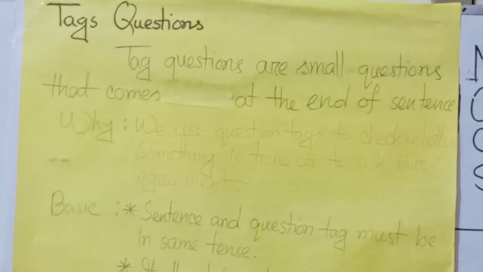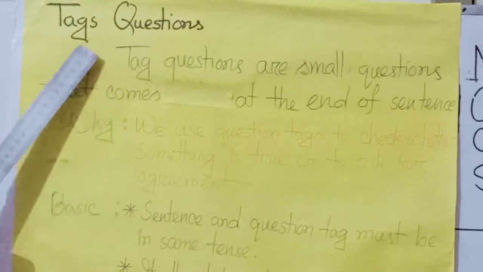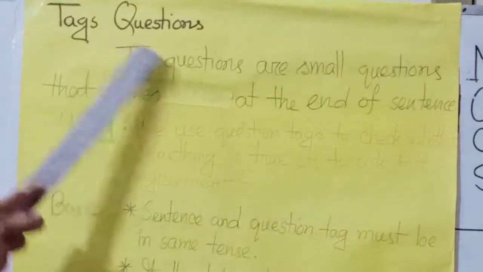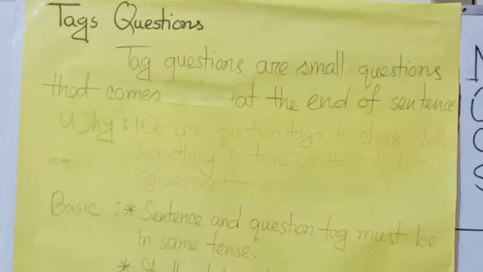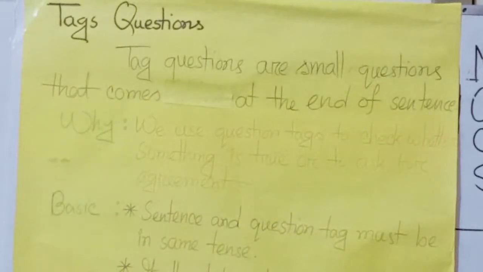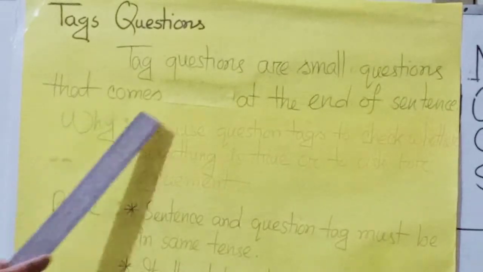So, dear students, at first, what are tag questions? Tag questions are small questions that come at the end of sentences. Okay? Dear students, is it clear? We may say that a tag question is a short question which is added after a sentence.